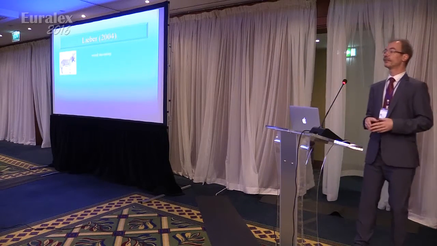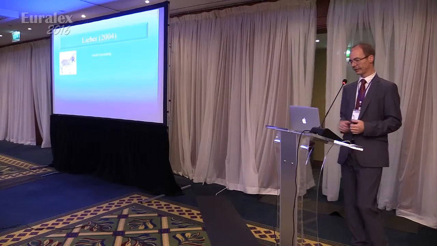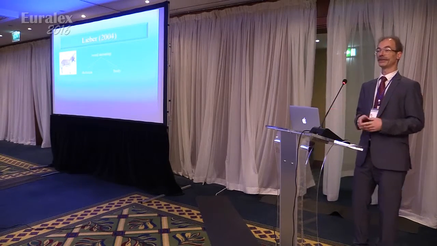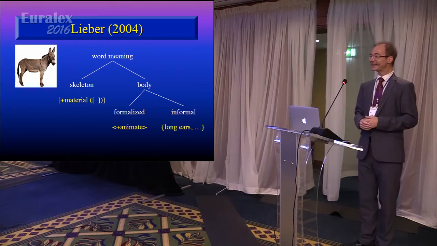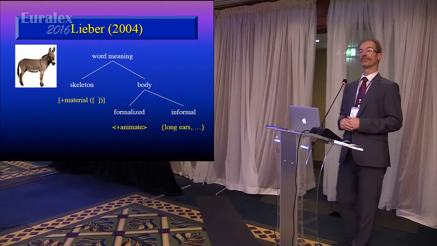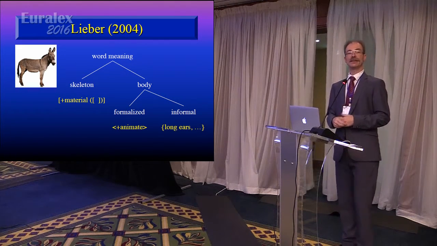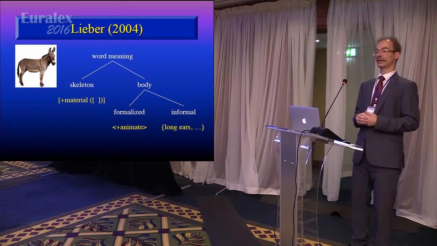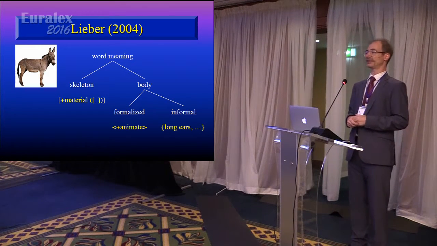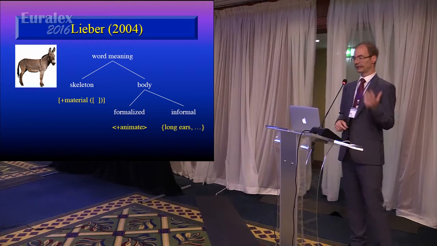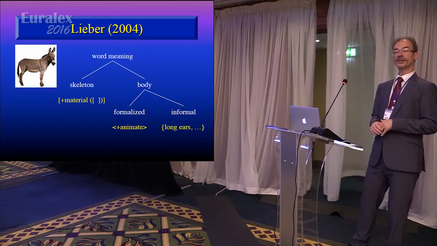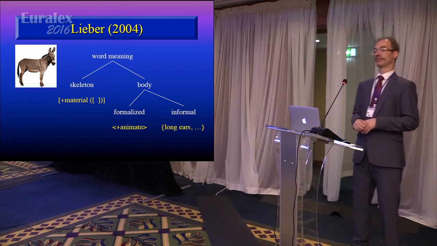Lieber divides word meaning into two parts, a skeleton and a body. This is not the skeleton of the donkey, it is the skeleton of the word meaning. And this skeleton is expressed in a number of predetermined features. He lists 7 features. In the case of donkey, the only feature that applies is plus material.